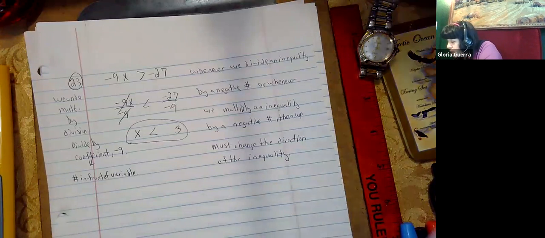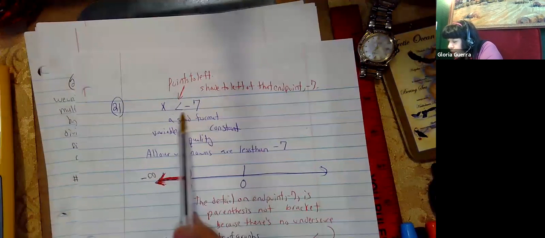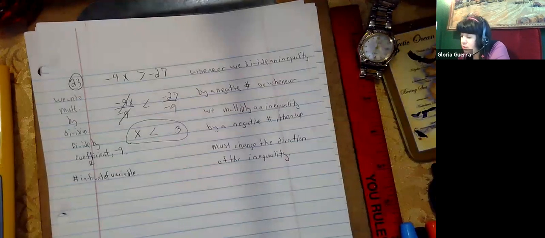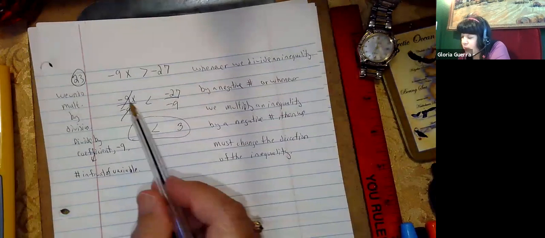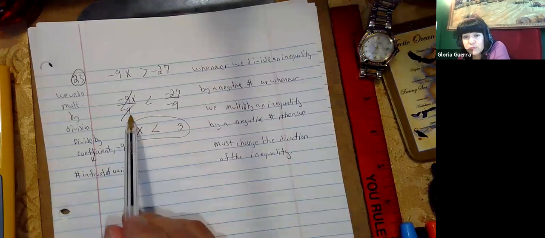Like when I did this one, it was already set up. I didn't have to solve for it, and I didn't have to divide any of those. But this one I'm having to solve a little bit, divide by negative 9. So it only happened because I divided by negative 9.